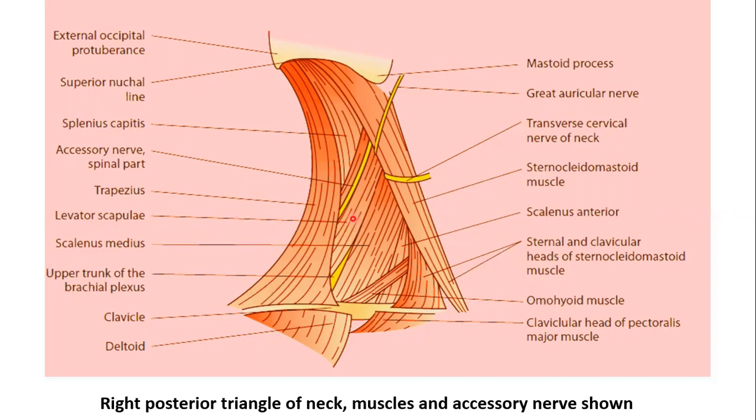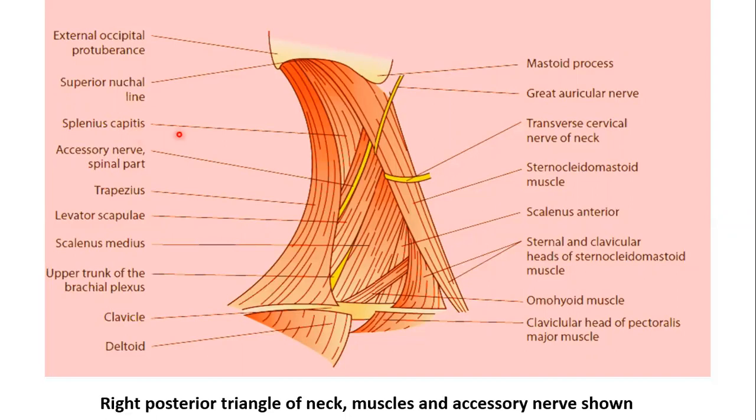Below that is the scalenus medius, and not shown here is the scalenus posterior. Occasionally the scalenus anterior is also present. So these muscles form the floor of this posterior triangle.